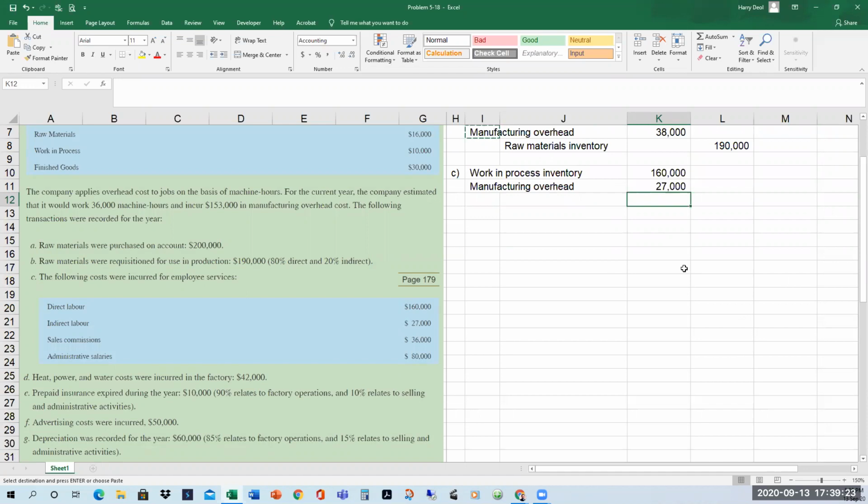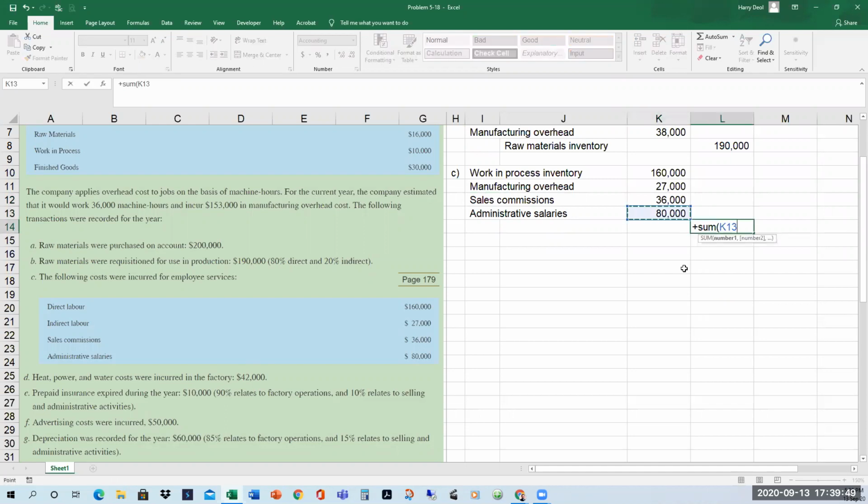So you could choose to do that, or if you want to go as per the textbook solution, you will want to debit sales commissions and administrative salaries. So sales commissions, 36,000, and administrative salaries, 80,000. The total costs were $303,000, for which we credit salaries and wages payable.